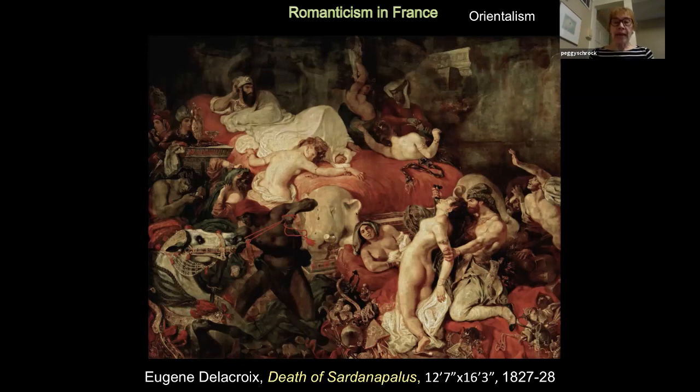Another example of Orientalism. This is perfect romantic in every way, in terms of the dynamic composition, the rich colors, the subject is exotic, escapist. Sardanapalus is a story, again, from antiquity. I don't remember exactly where he was from, some Assyrian leader or someone in the Middle East, and he's being overrun, his soldiers are being killed.